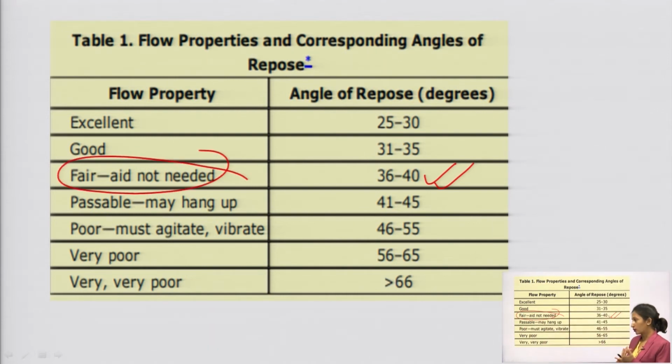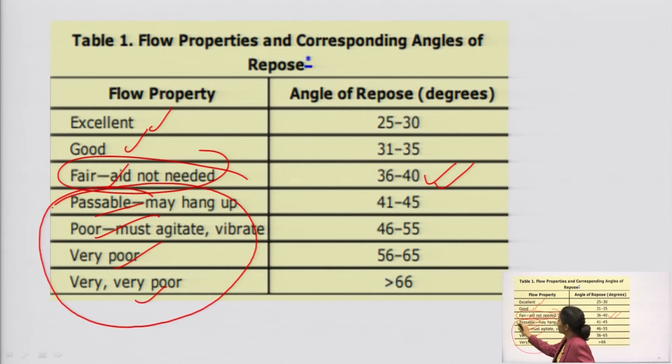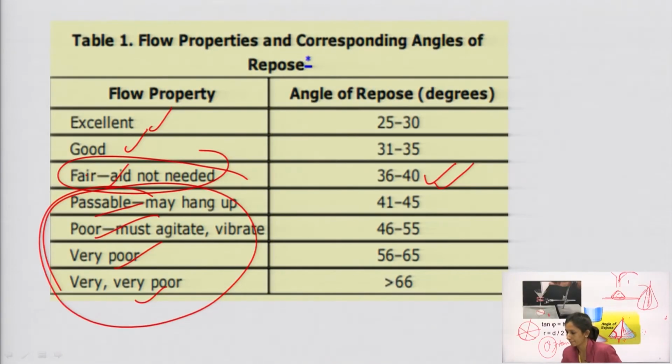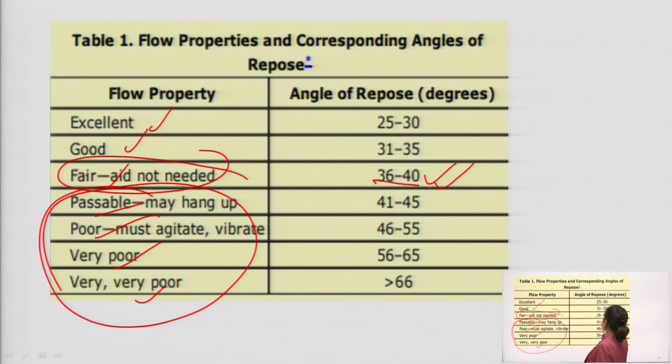If the powder flow property is excellent, good or fair, you do not need to do anything. But if it is in the passable, poor or very poor category, you have to add something or take some measures to move the flow property towards fair, good or excellent. In our previous example, the flow property of the particle is fair, so no need to do anything.